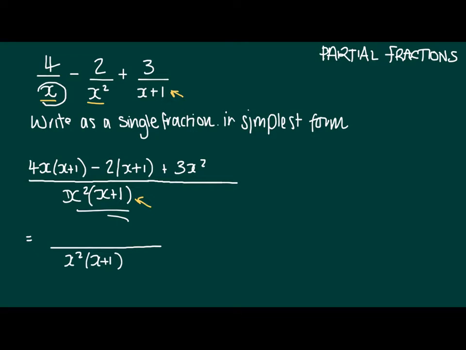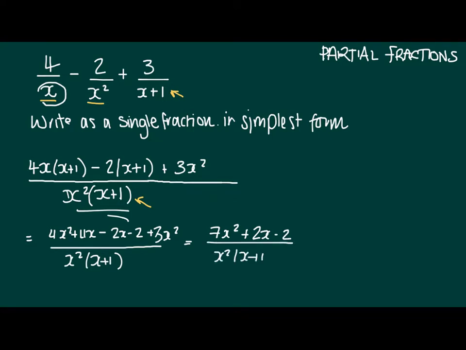But the numerator I can expand, so that'd be 4x squared plus 4x minus 2x minus 2 plus 3x squared, and that will give me, when I simplify that down, 7x squared plus 2x minus 2 over x squared, x plus 1.